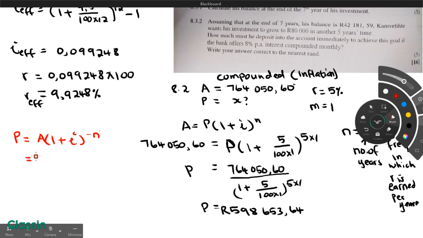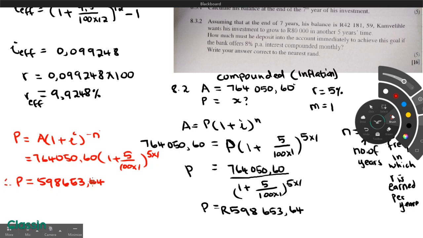But even in that case it is going to be 764,050.60 times (1 plus 5 over 100 multiplied by 1) to the power of negative 5 multiplied by 1. If you press this on a calculator, you would still get 598,653.64. And that will be the value of P. So that is the original price of the house.